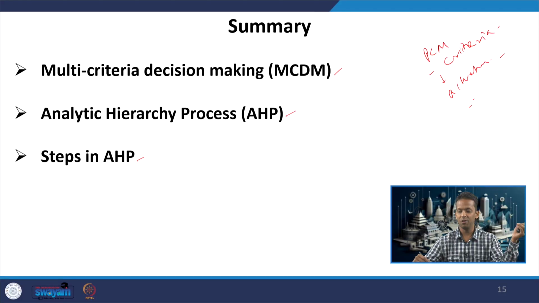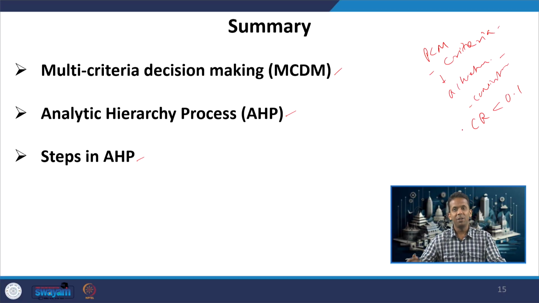For each matrix that you deal with in AHP, check for consistency. The consistency ratio should be less than 0.1, and it depends on the random index and consistency index, which you can calculate from the maximum eigenvalue of the vector. And then you just multiply the criteria weights by alternative weights and do the summation to get the final score.